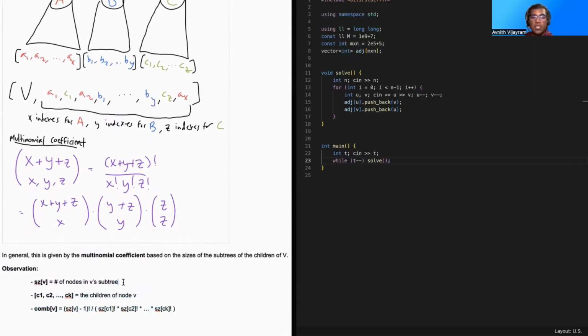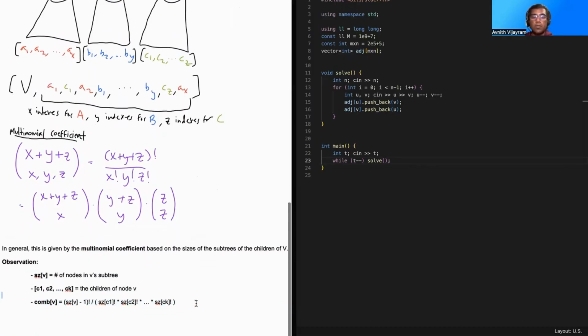So if we keep track of the sizes of each of the subtrees and the children of each subtree, then this coefficient, which we'll store in this array comb, is essentially this multinomial coefficient based on these factorials. And like we mentioned before, the answer is the product of this combination over all nodes V. So it's the product over all nodes V of all the ways to order the nodes in V's subtree.